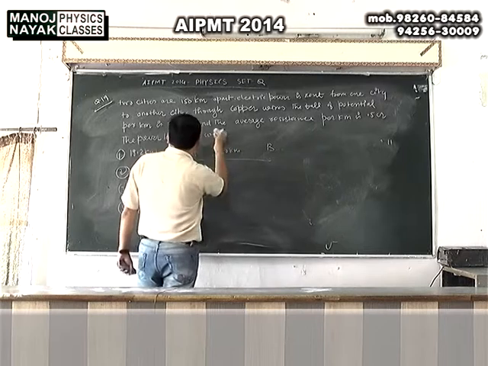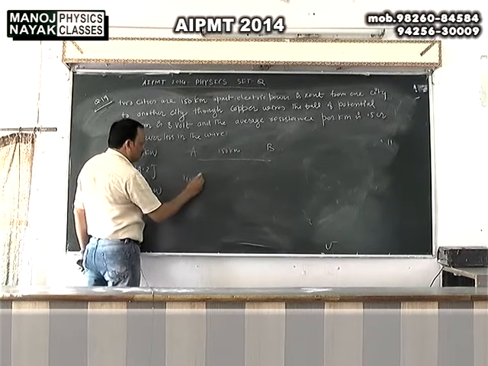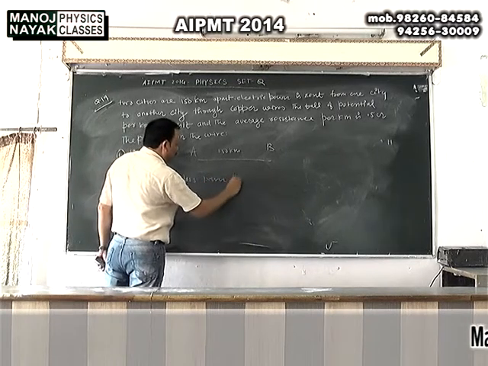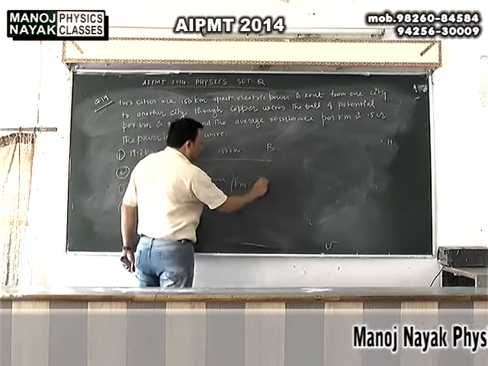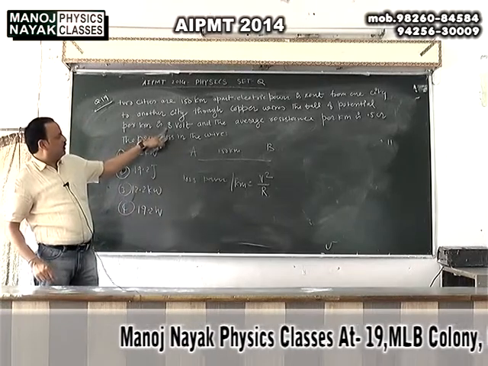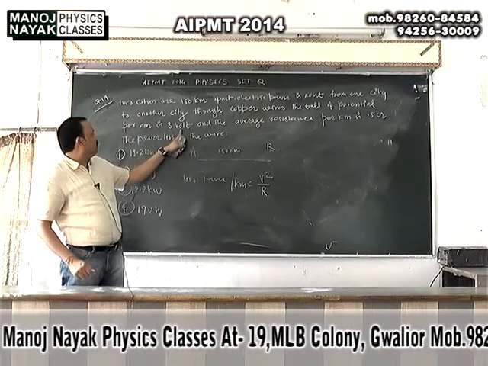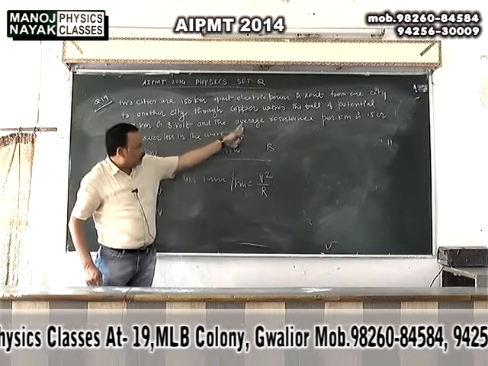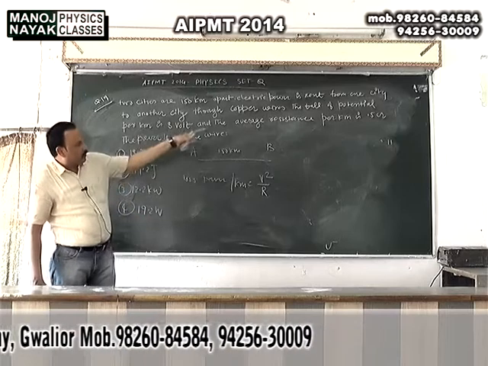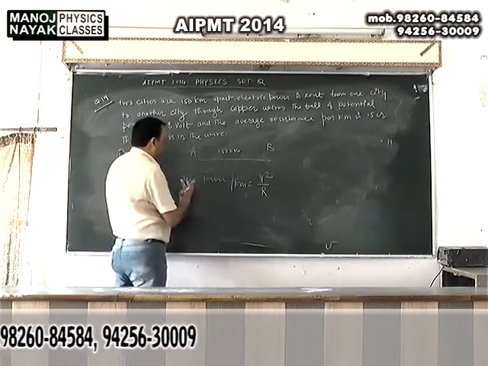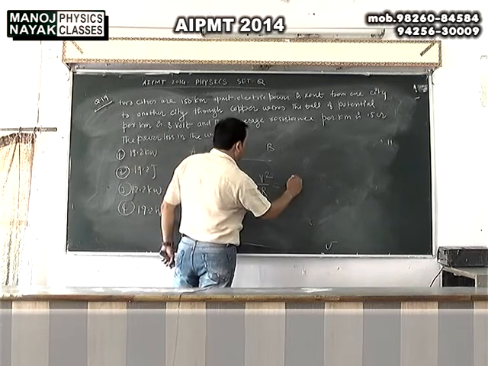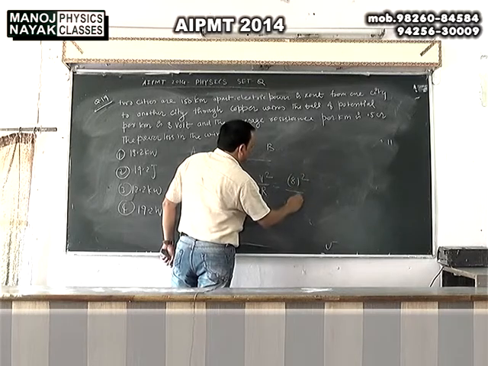Now we can find the loss of power per kilometer by the formula V square upon R. Okay, because V is given as 8 volt per kilometer and the average resistance is also given per kilometer. It is 0.5 ohm. So you can find the power loss per kilometer by this formula V square upon R. V is 8 and R is 0.5.